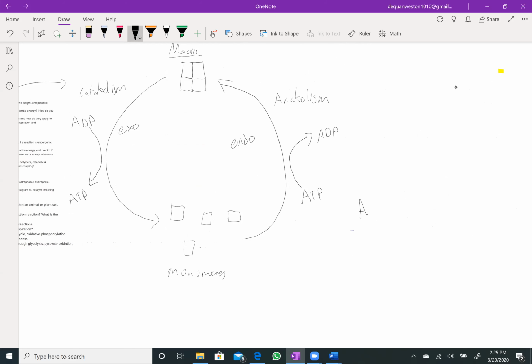That's the adenosine, and then this is our triphosphate. In order to make this, we have to make these bonds right here. This phosphate is going to be cleaved off because there's potential energy in this bond. When it's cleaved off, there's a release of energy, and that energy will be enough to form these bonds.